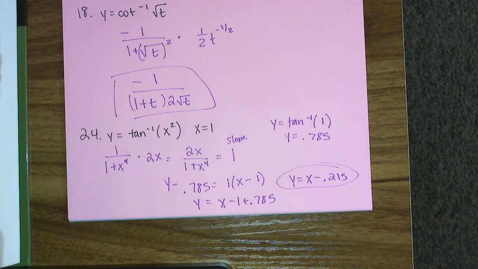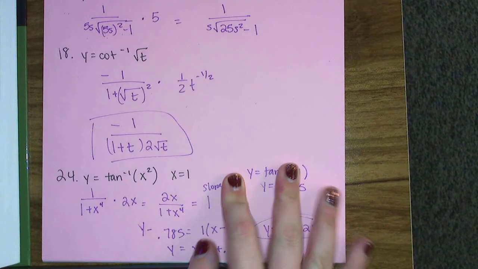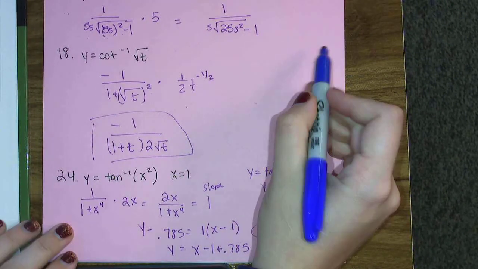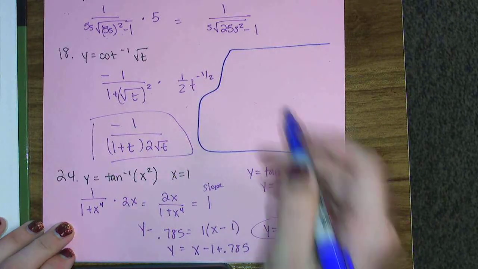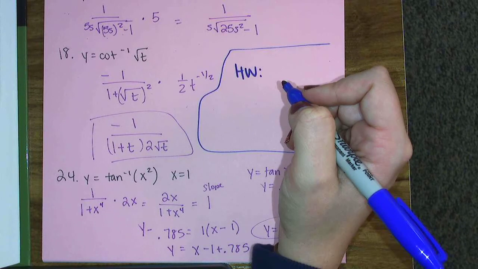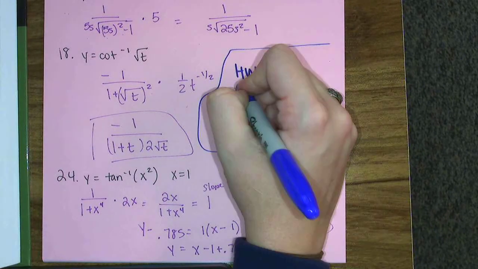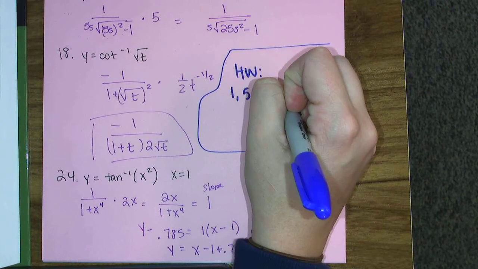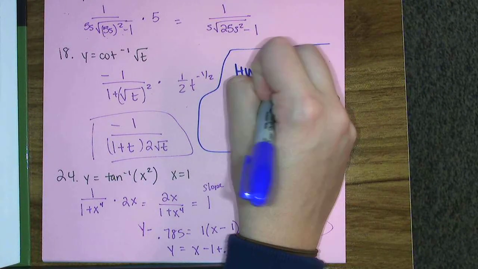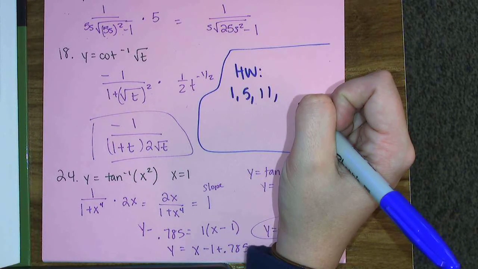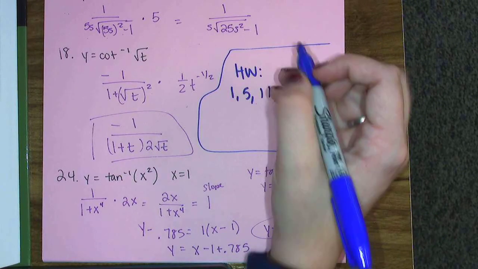Okay. So I'll give you some to work on, and obviously, like normal, if you have questions as you go, you can ask them. All right, let's see. Let's go 1, 5, 11, 13, 15.